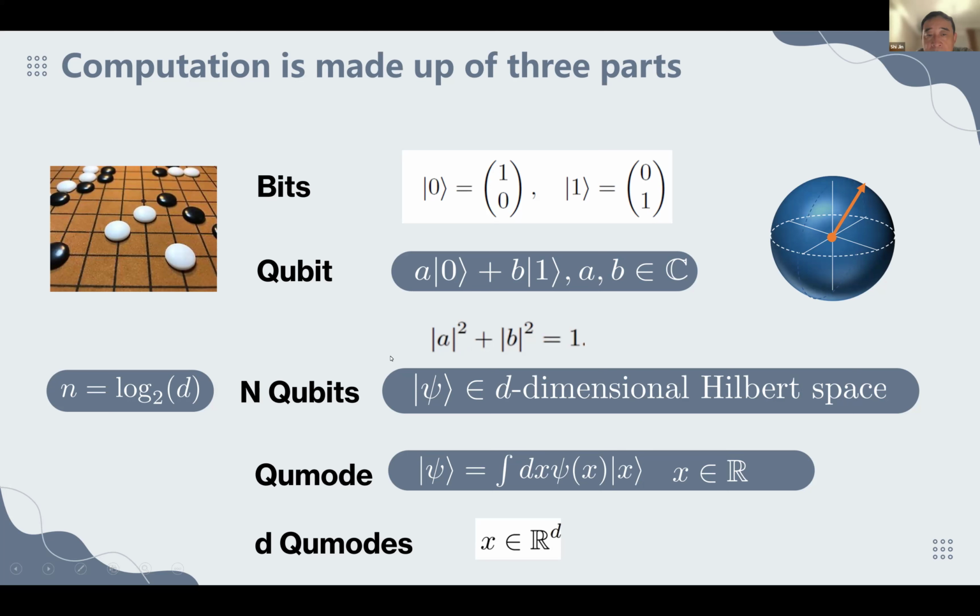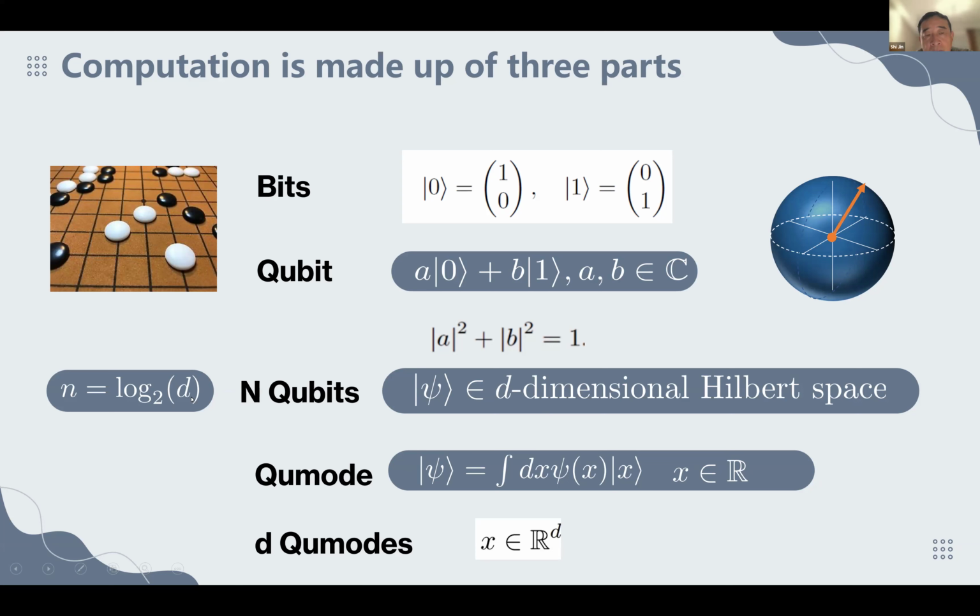And that's only one qubit. All right, if you have high dimensional vectors, if you have n qubits, they can represent information in dimension 2 to the power n. So if you work in a d-dimensional complex Hilbert space, all you need is n quantum bits, qubits, where n is just log base 2 of d.